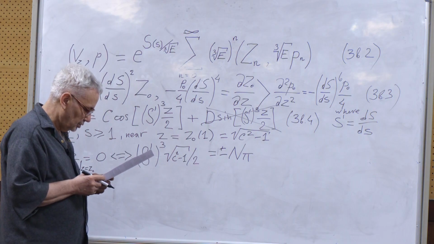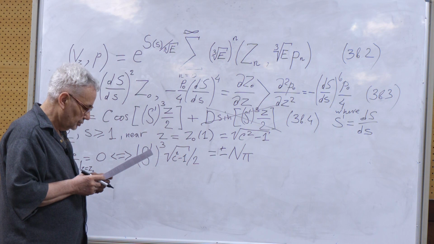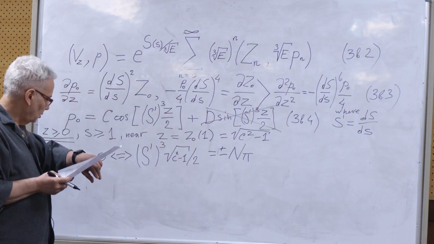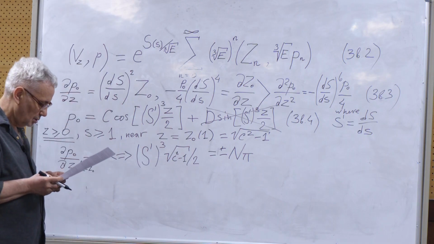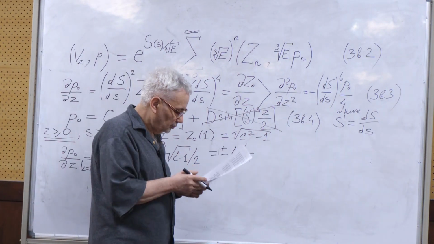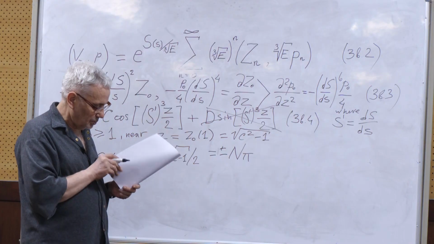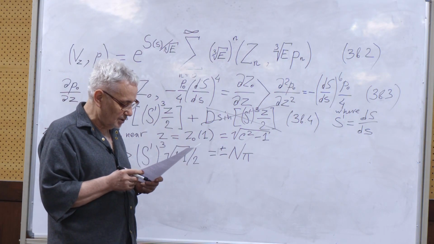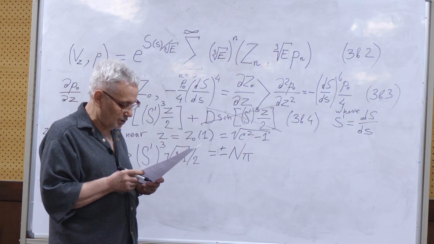Accordingly, the general solution is constructed from a linear combination of components decreasing with the distance from the layer. So we are almost finished with this part. In a similar manner, but with an adequate boundary condition at z equals naught.